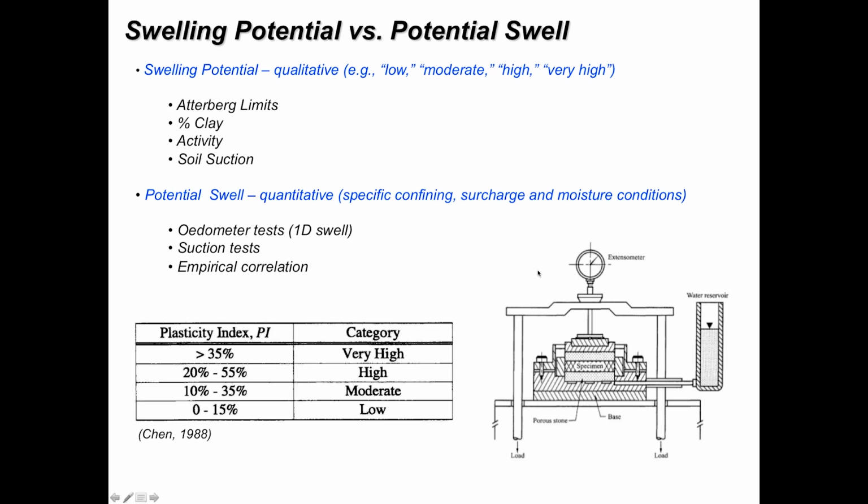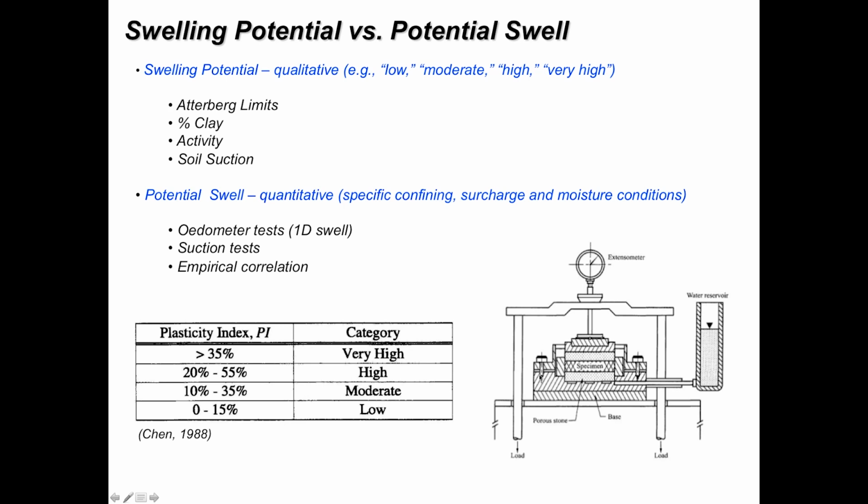This is an image of a typical looking one-dimensional swell test, where we would take an undisturbed sample of clay that we probably had identified as potentially expansive using an initial qualitative screening approach, and then would measure how much the specimen heaves, usually just by fully inundating it with water, either measuring how much volume change we get under free swell, or perhaps how much pressure is required to maintain zero volume change conditions.